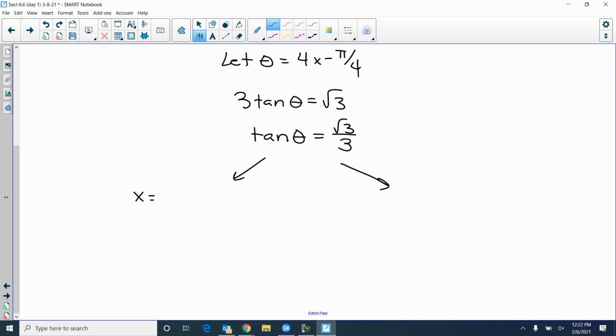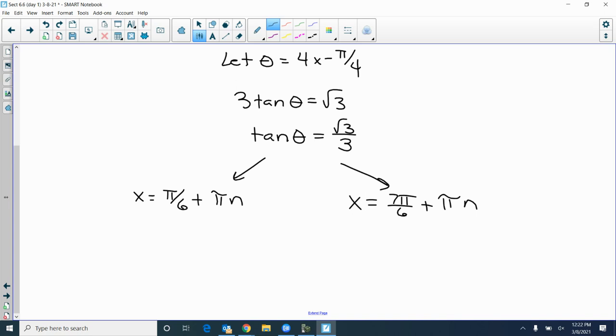So x equals pi over 6 plus, all right, what is the period for tangent? Don't forget, it is not 2 pi, it is pi. So this is where we write pi over 6 plus pi n. And then the second answer was 7 pi over 6 plus pi n.